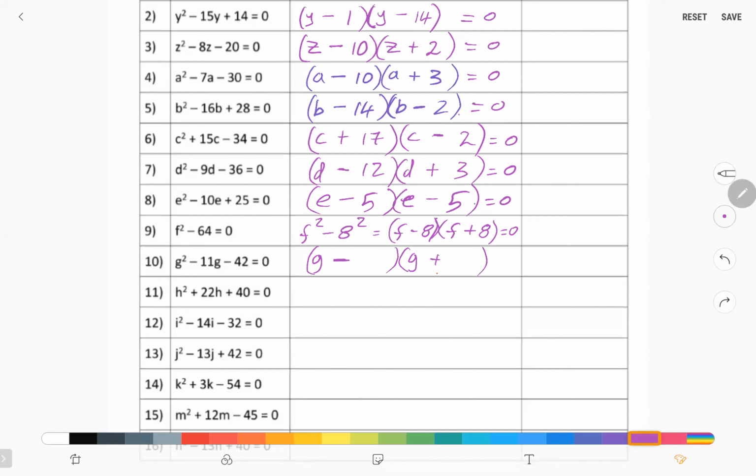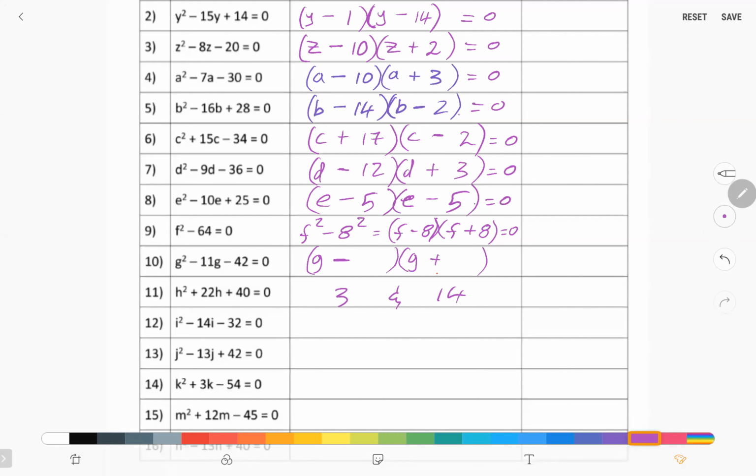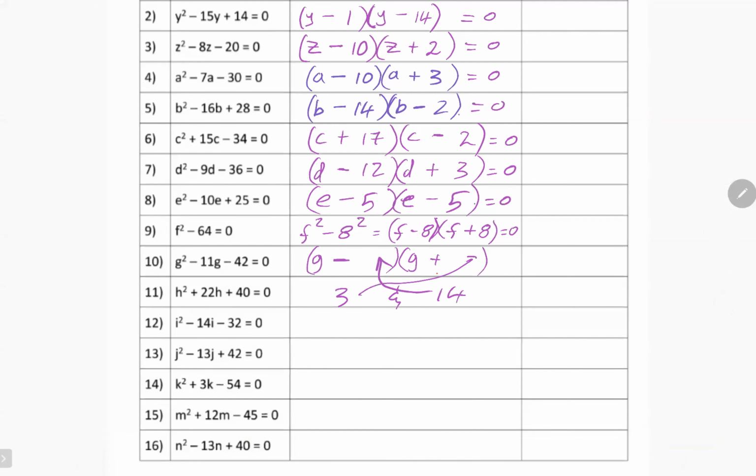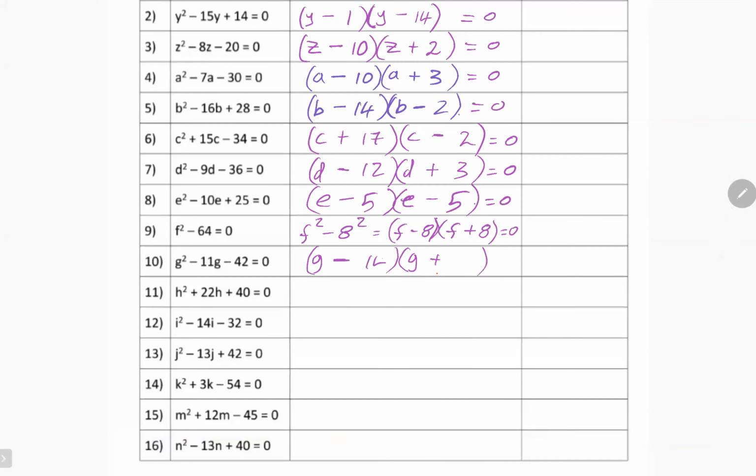Then 3 and 14 are the next two factors of 42. The difference is 11. So that's what I want. So it means that the 14 goes in there and 3 goes in there. Difference between 3 and 14 is 11. All right. So that's it. As easy as that. So the 14 goes here, 3 goes here, equals 0. All right. Next one.